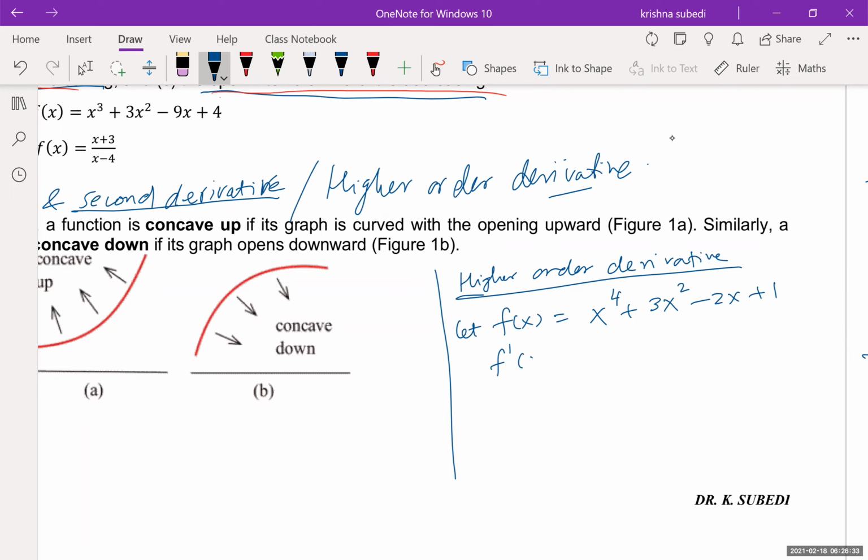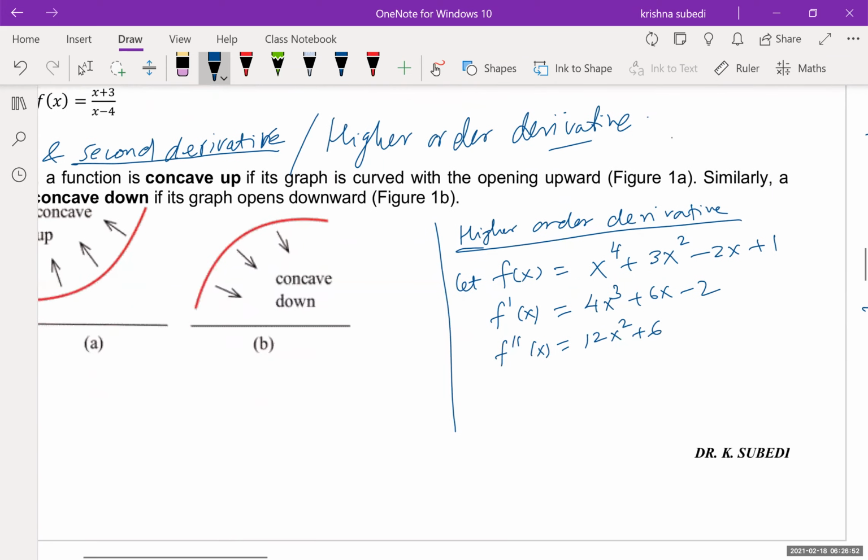If I ask you to find the first derivative, then your answer would be 4x cubed plus 6x minus 2. Not a big deal. If I ask you to find the derivative again, you will come up with 12x squared plus 6. Not a big deal.